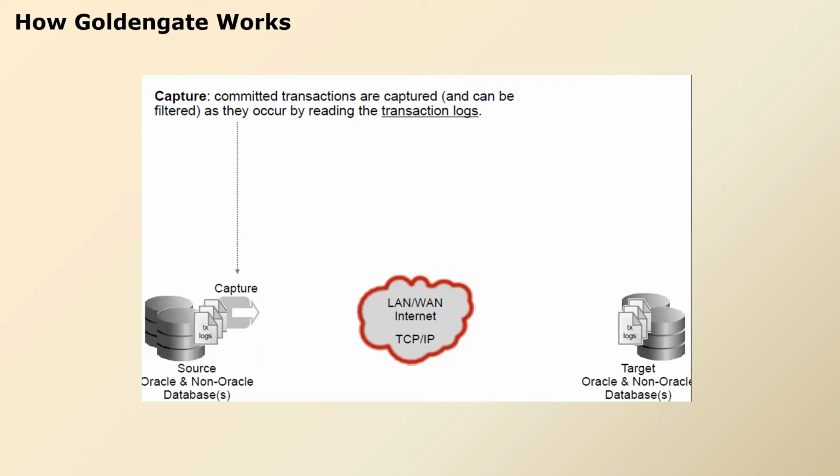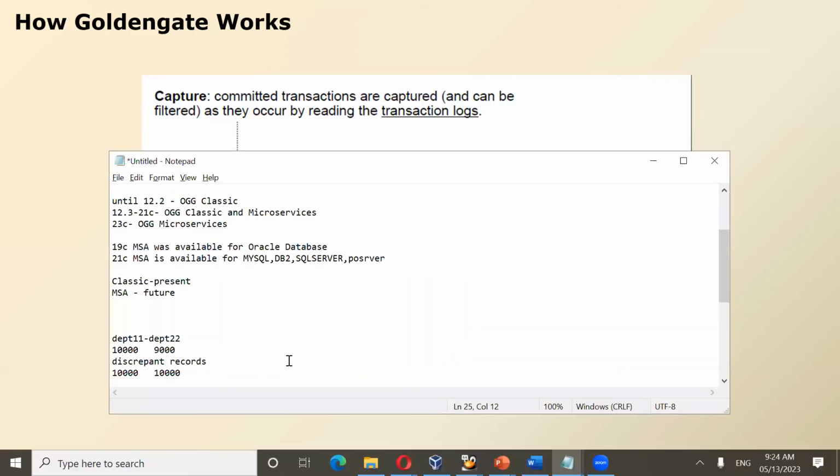Each database has its own transaction logs. In Oracle, they are called redo logs, or backups of redo logs, which are called archive logs. We have to understand one thing: GoldenGate is a CDC tool.